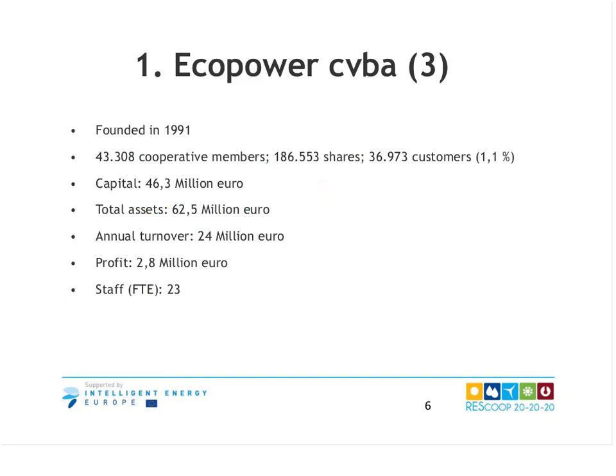The capital now, these are the figures of a year ago, is about 50 million euros capital. And we have, you see the other figures, so it's quite a large cooperative. And we have now a staff of about 24 people.